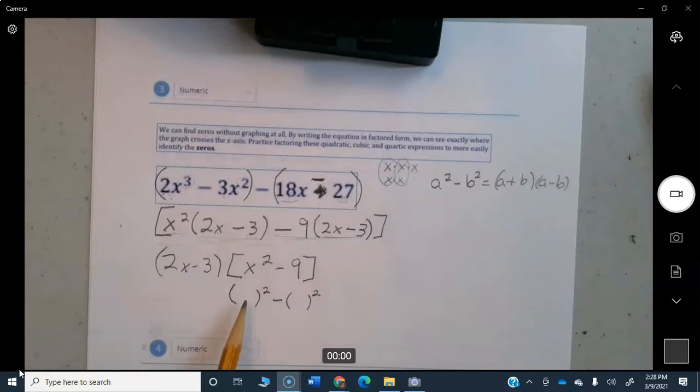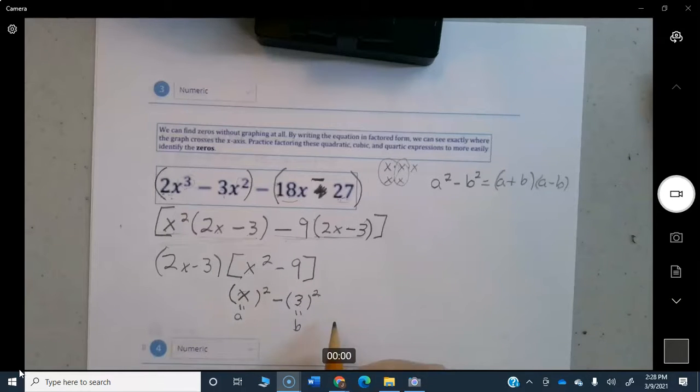Okay, so what do we have to put in there so when you square it you get x squared? Well, that one's easy, it's x. What do we have to put in there so when you square it you get 9? That one will be 3. So that's the a and that's the b. I didn't really explain that on the last problem.